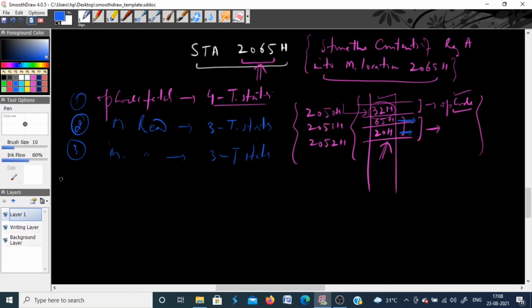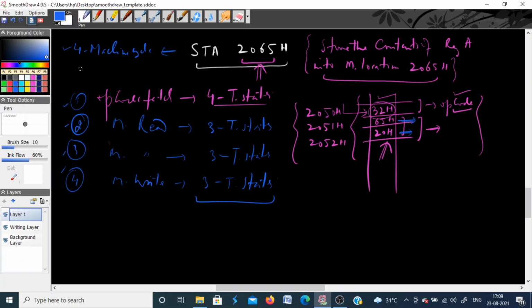Is the instruction completed? No, because we have to move the contents of A into that memory location. It means we have another machine cycle, a memory write cycle, which again requires 3 T states. So in total we have 4 machine cycles: first opcode fetch, second memory read, third memory read, fourth memory write.